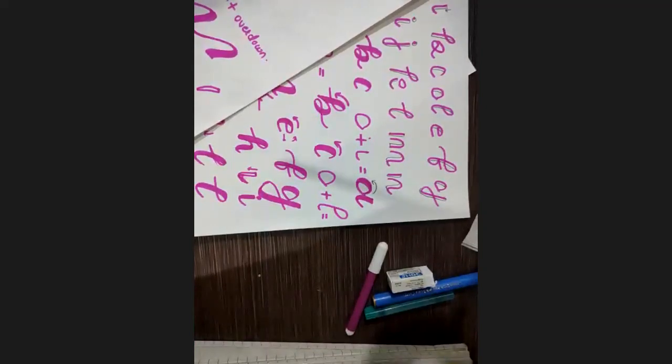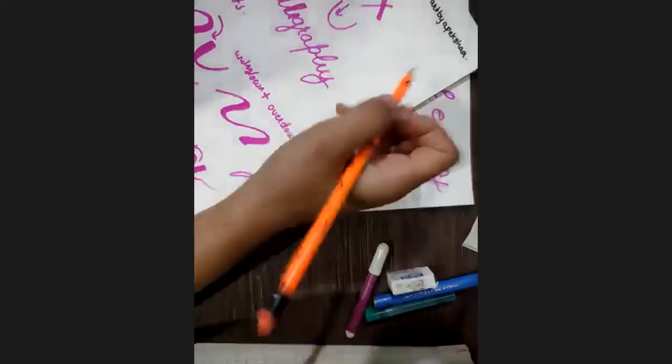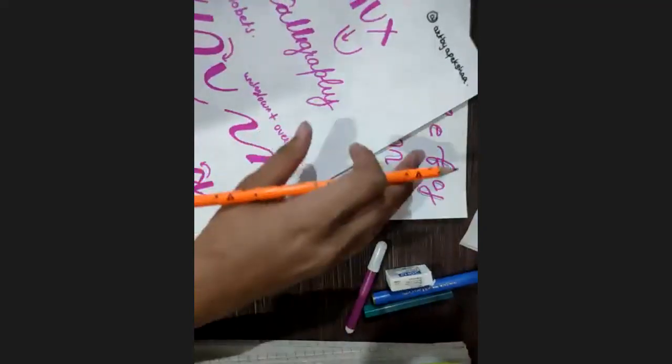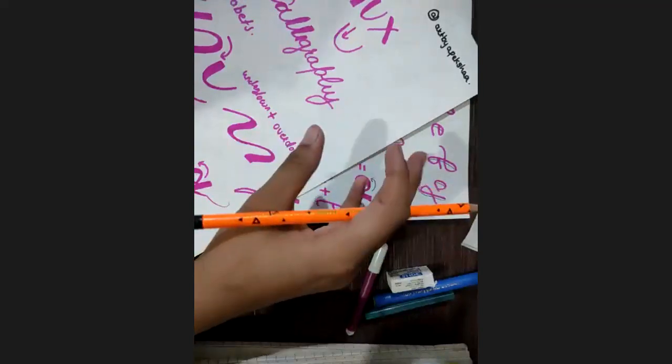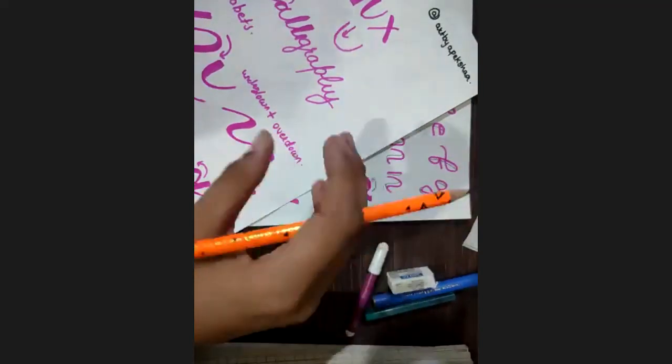What will be in the kit that you are going to provide? The kit includes a workbook with all the alphabets, strokes, numbers, words, and practice sheets.